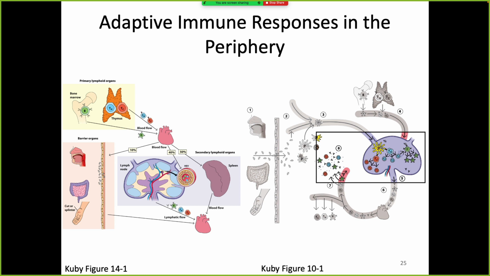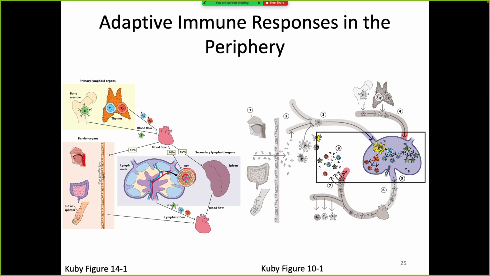And you'll see some fraction of them go to the spleen, and some fraction of them go to the lymph node. And so we are really seeing secondary lymphoid organs as a location for the majority of those cells.